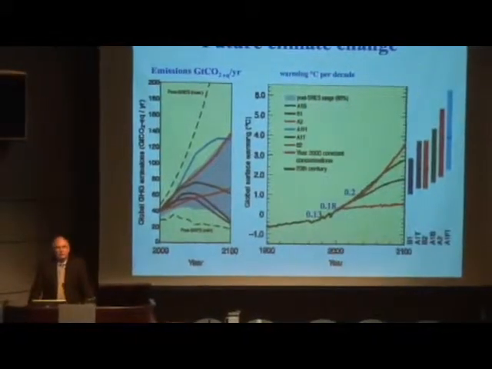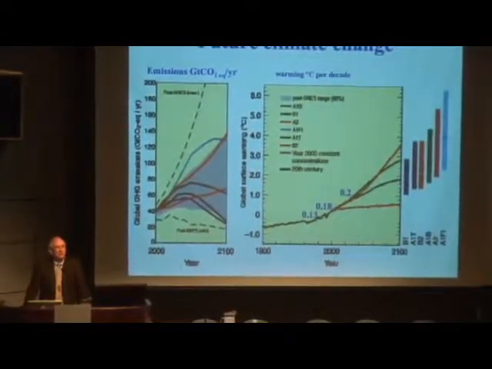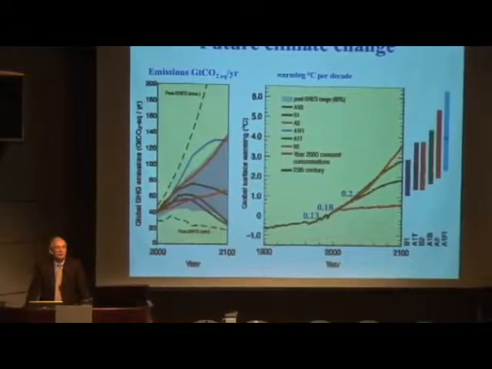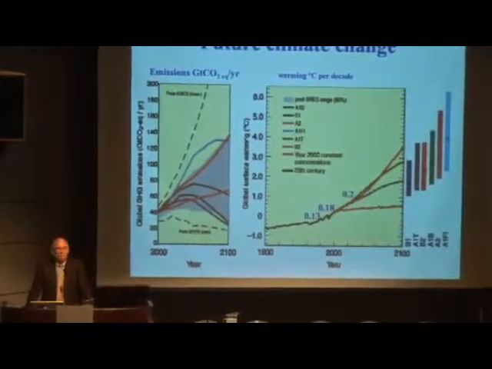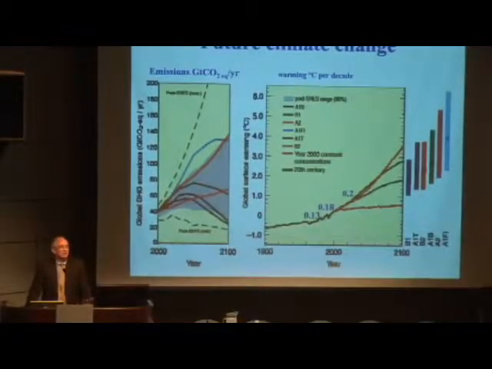And for roughly the next 25, 30 years, the scientific consensus is that we will warm at a rate slightly more, 0.2 degrees C per decade, independently of emission scenarios, because the climate system is still, quite frankly, catching up with the amount of greenhouse gases that human activities have put in.